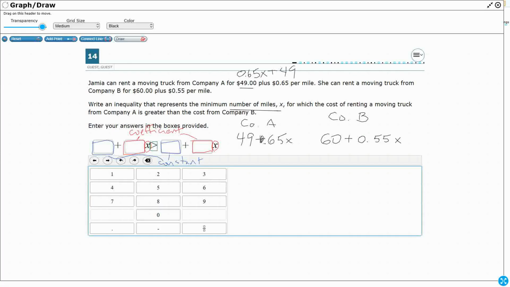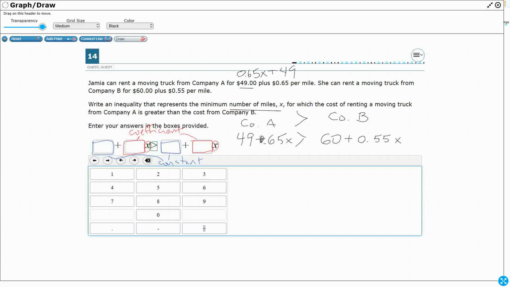So we need to write an inequality that represents the number of miles x for which the cost of renting a moving truck from A is greater than B. Okay, so we need A to be greater than B. Oh, look, they gave it to you right in order. There's no changing that needs to happen, no rearranging. I would have expected them to at least give you company B first and then have you flip it around.